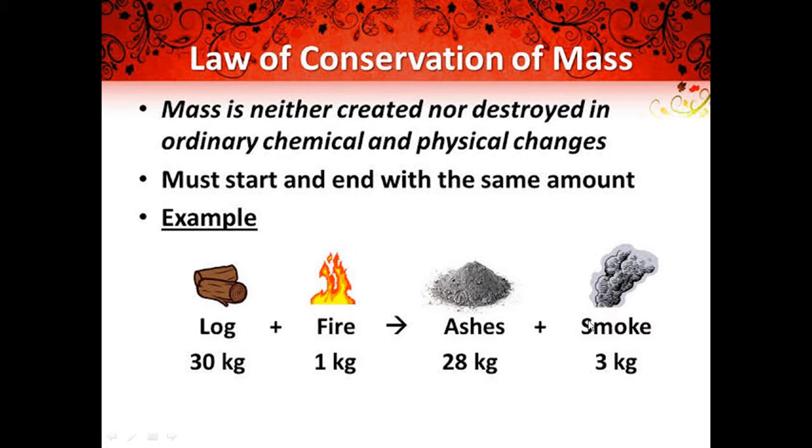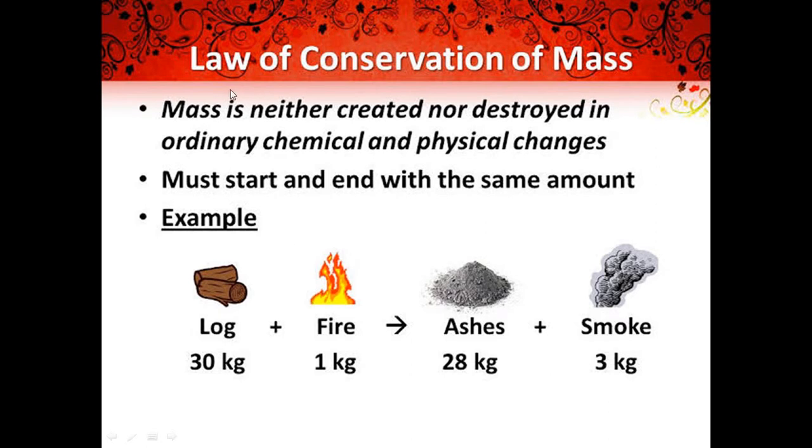I can't produce smoke from nothing. I can't produce the ash from nothing. They must come from another substance, which is the log. So again, mass is neither created nor destroyed. The wood or the log, after burning, is not destroyed, but it changed to another substance.